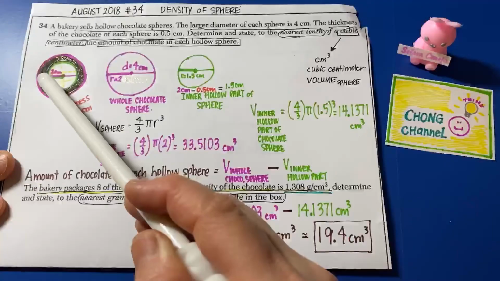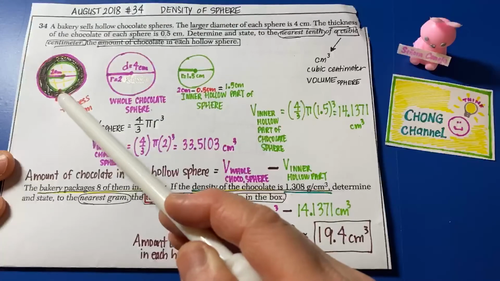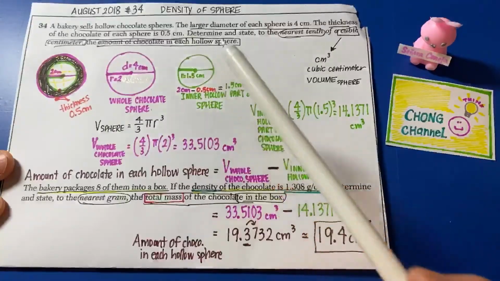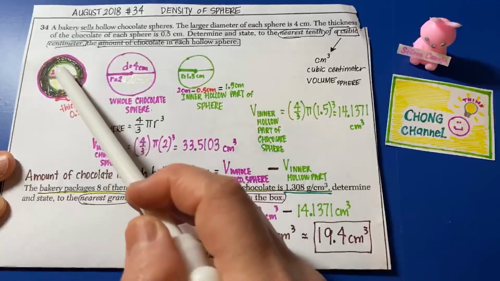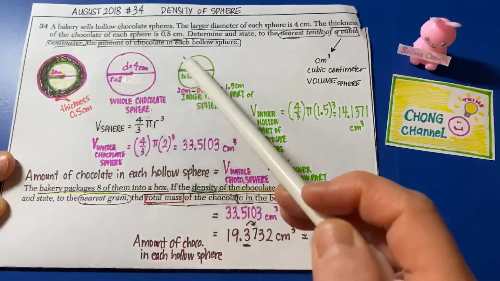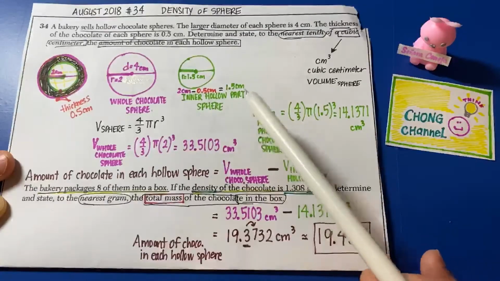Now the thickness of the chocolate, the black part here, of each sphere is 0.5 centimeters. So now I drew the inner part, so this would be the hollow part, the empty part. That would be green. So this is what I labeled as inner hollow part of the sphere.